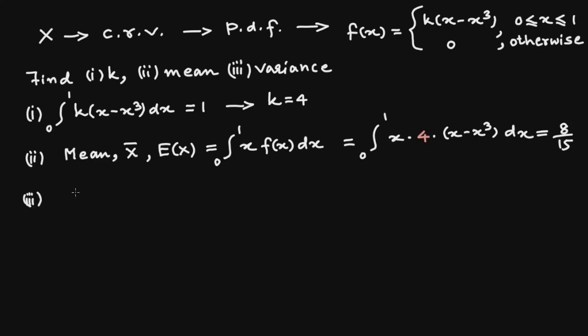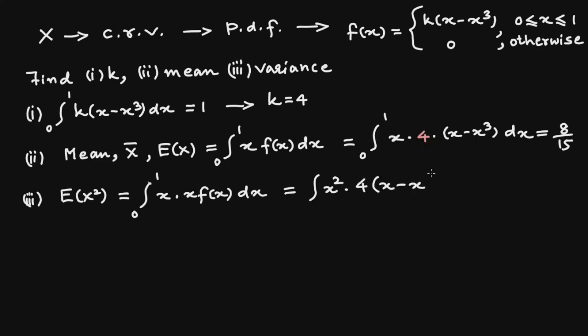Third, first we find expectation x square, which will be integral x into x f(x) dx from 0 to 1, which is x square into 4 times x minus x cube dx from 0 to 1, which after solving as usual gives us 1 upon 3.